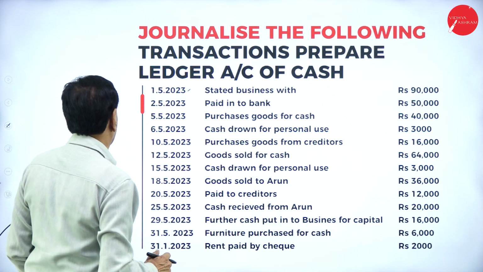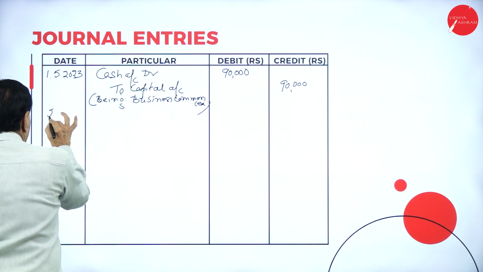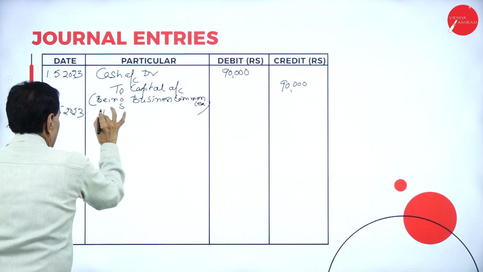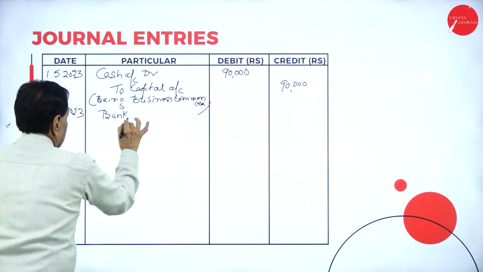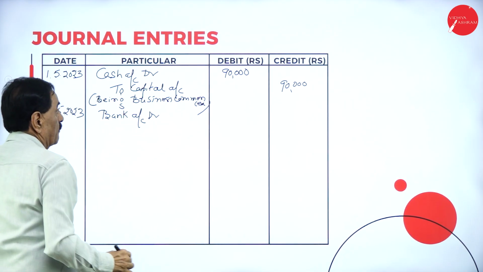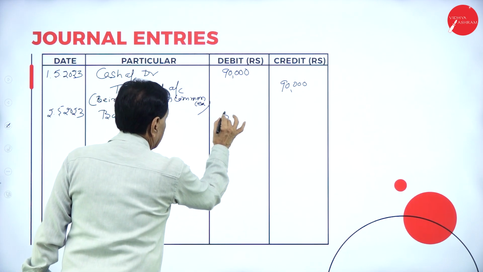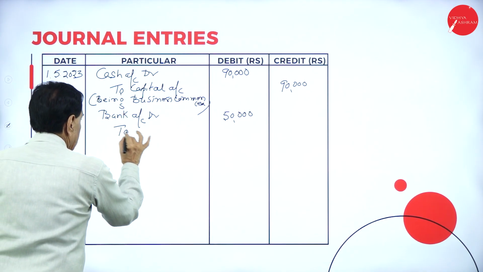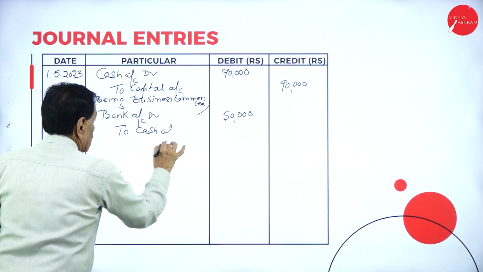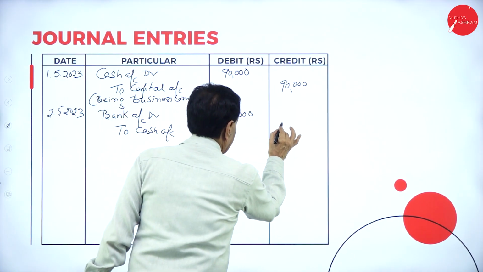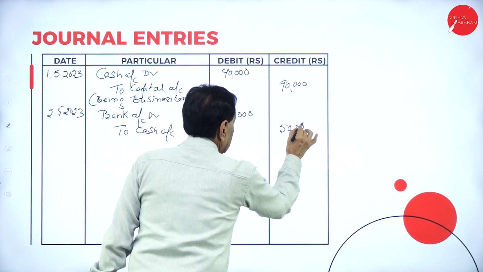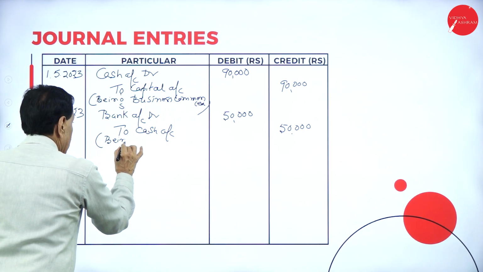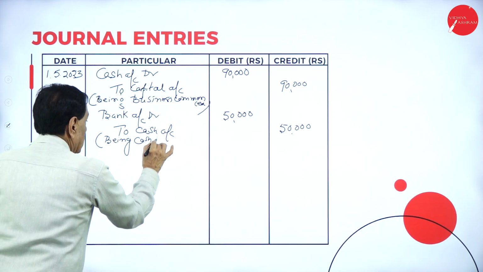How much money? 50,000. 2/5/23, bank account debit, 50,000, to cash account, 50,000, being cash paid into bank.